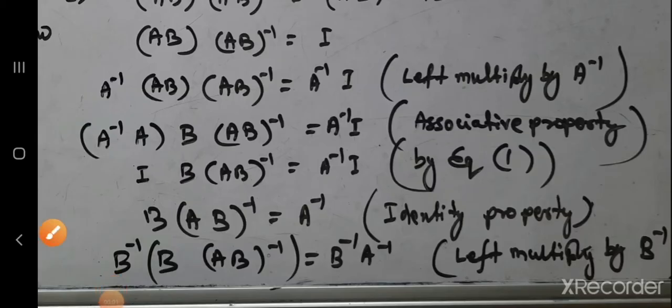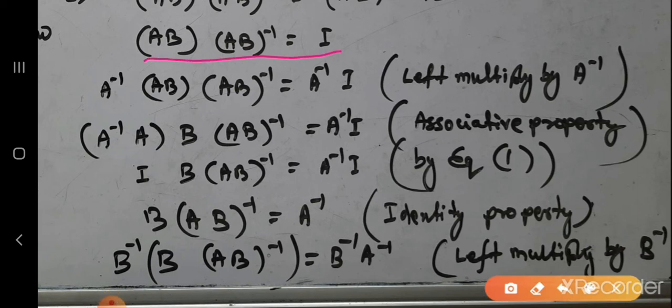Now you see, from (AB) inverse equals I, we left multiply by A inverse. This side you multiply A inverse and this side also, that is A inverse AB (AB) inverse equals A inverse I. Now apply the associative property here. Then A inverse A will come, then B will be single and otherwise the same.